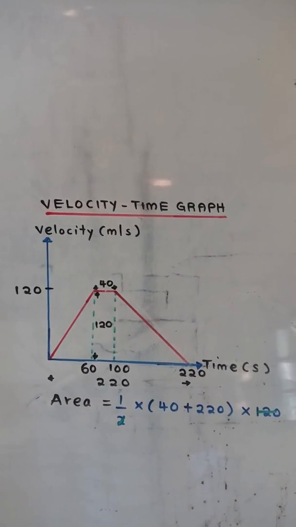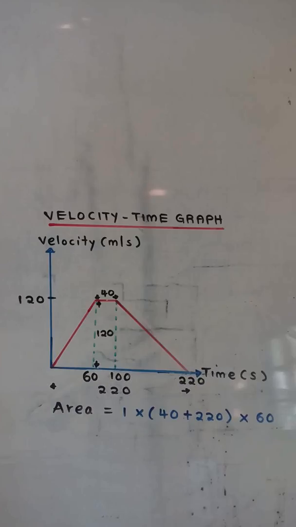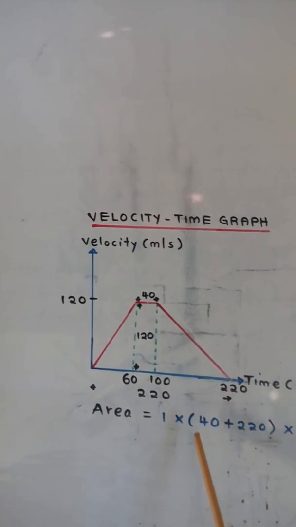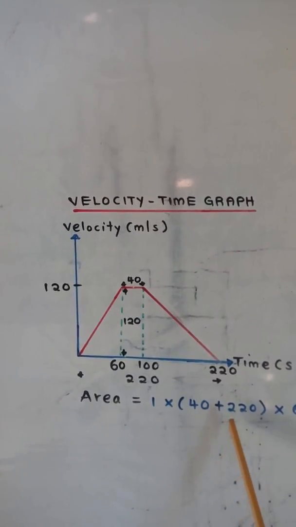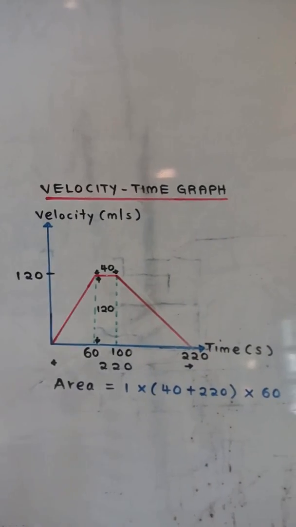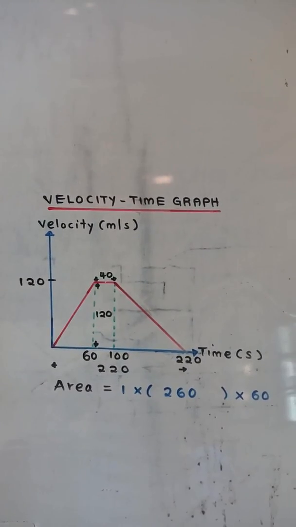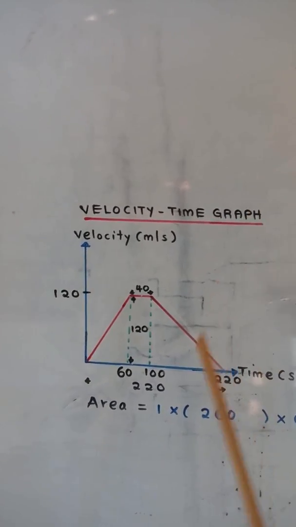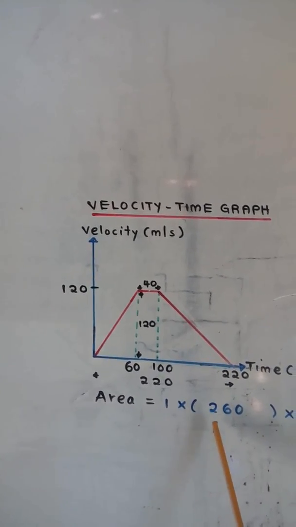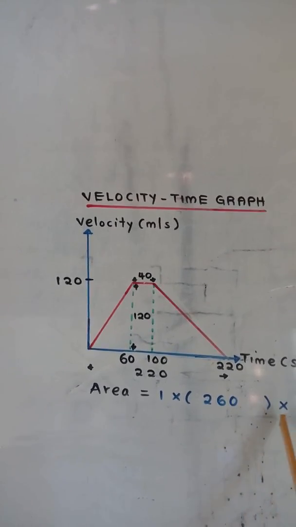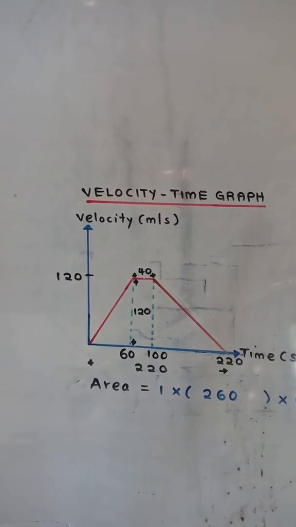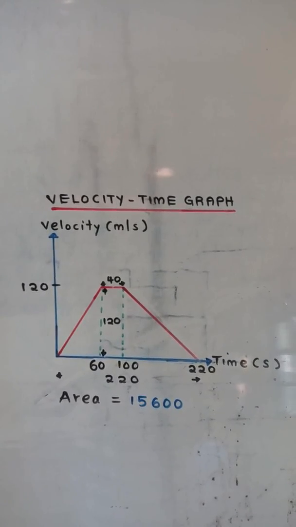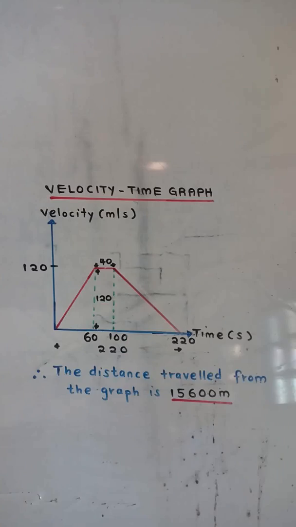120 divided by 2 is equal to 60. 40 plus 220 is equal to 260. 1 times 260 times 60 is equal to 15,600.